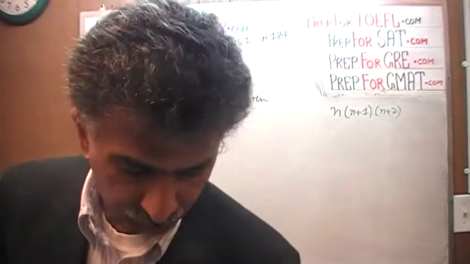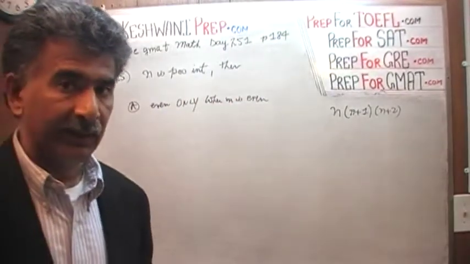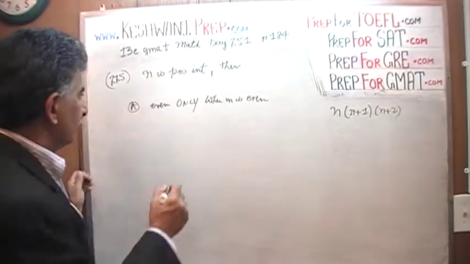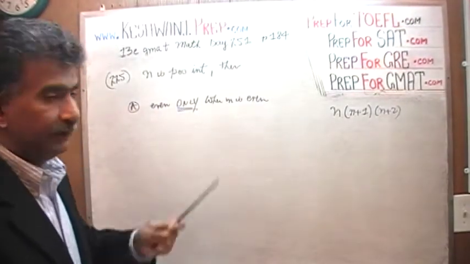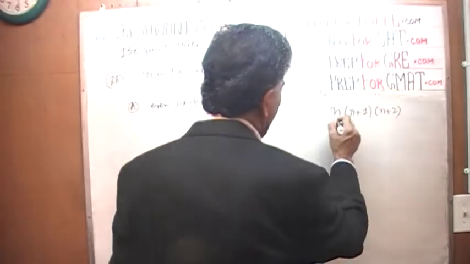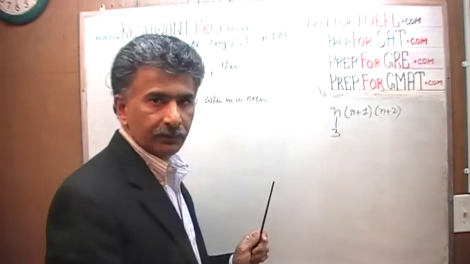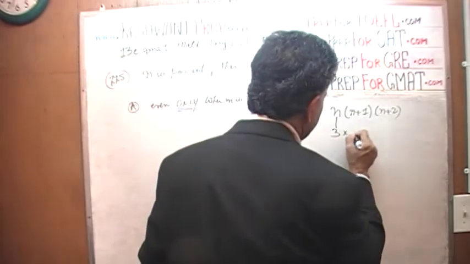To see if we can disprove it, it claims that the quantity is even only when n is even. Let's put in n equal to an odd number, 3. If we put in 3 here, the next one is going to be 4.